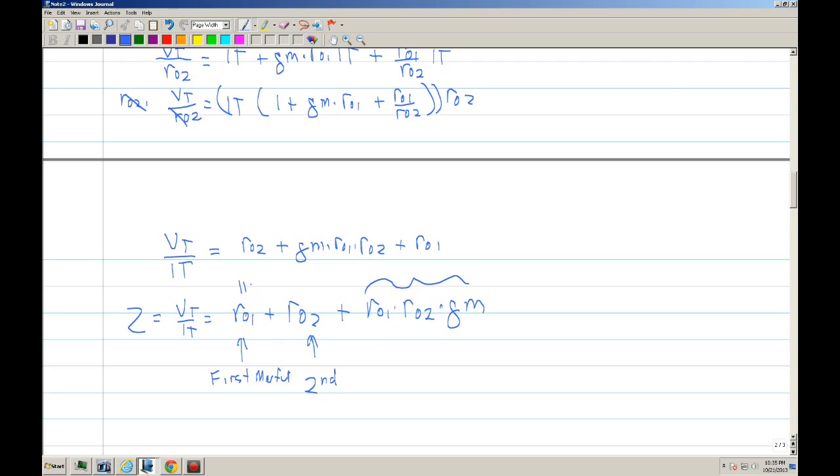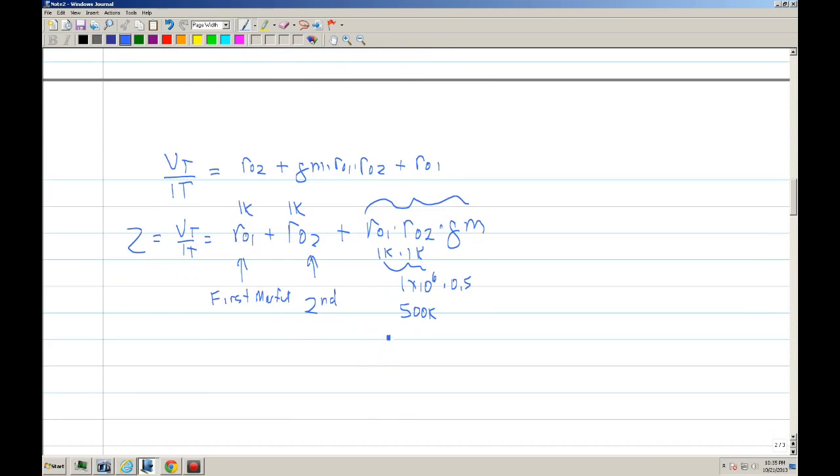Let's say this is 1K, this is 1K, so that's 2K right there, and then 1K times 1K, that's 1 million, 10 to the 6, and we multiply times 0.5, so this should be 500K. And then we add the 2Ks, so we should have 502K.